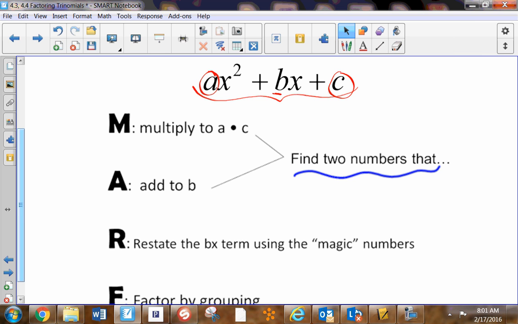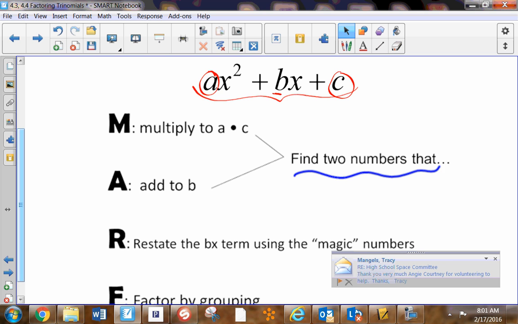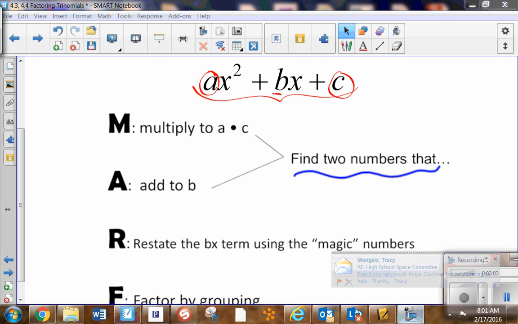We're going to call these magic numbers, to be fun with it. I'm going to give you a little sheet to walk through, where I give you a product and what they need to add to, and see if you can find the 2 magic numbers. For those at home, run this sheet off. It's also in U2L. Fill it out, and I'll be back with you.